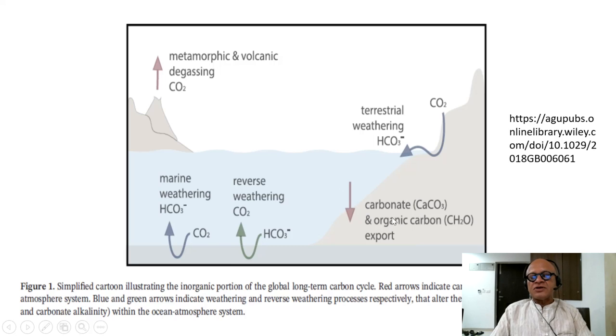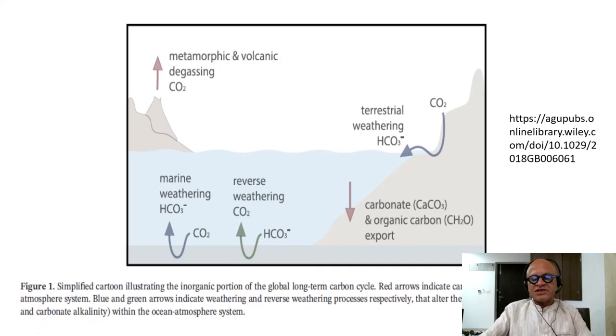And there is sequestration of calcium carbonate and organic carbon, which typically we represent as CH2O. When you do photosynthesis, you do C6H12O6 and so on. The ocean processes include marine weathering, where CO2 is taken up to produce bicarbonate, and there is a reverse weathering, as we will see, where the bicarbonate is converted back to CO2.